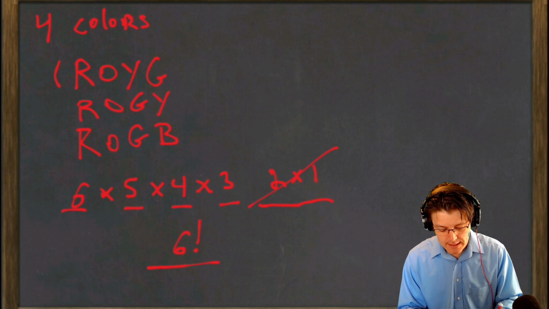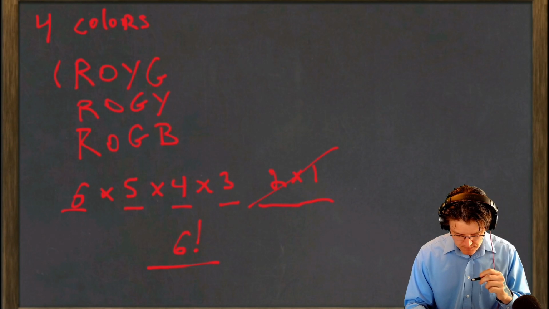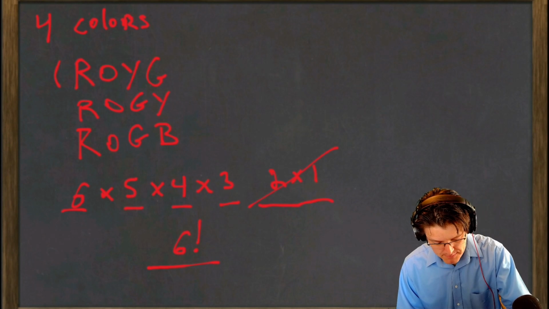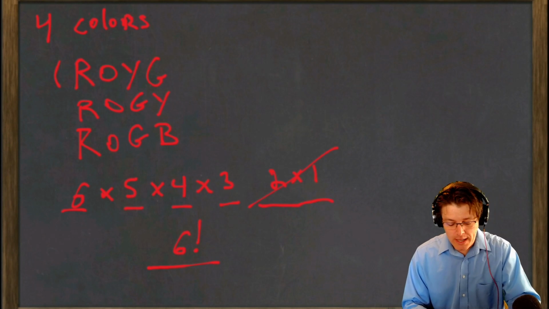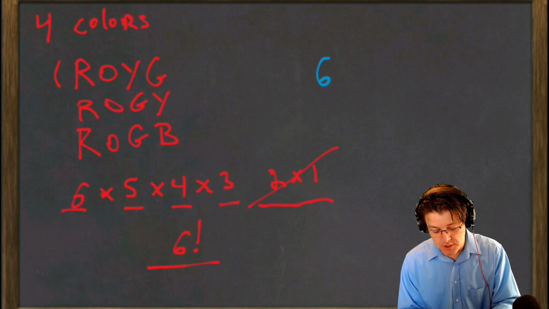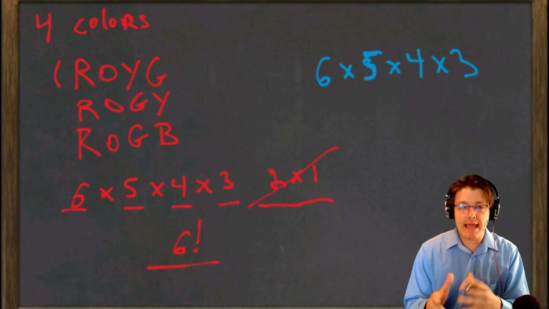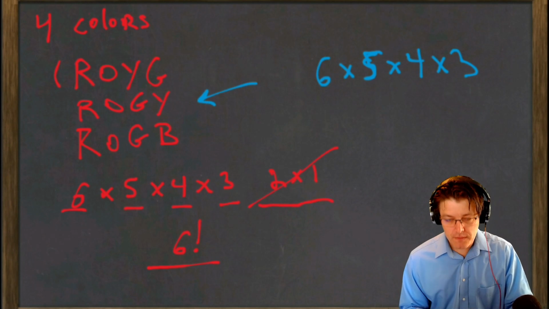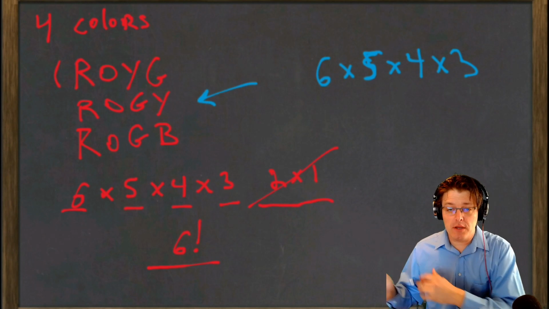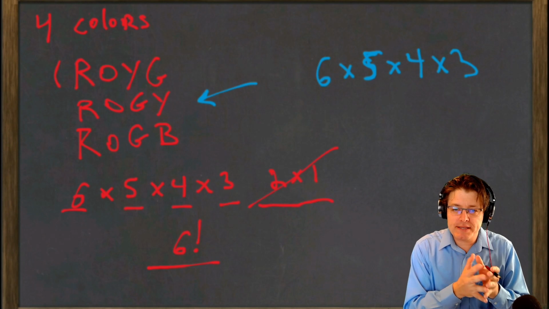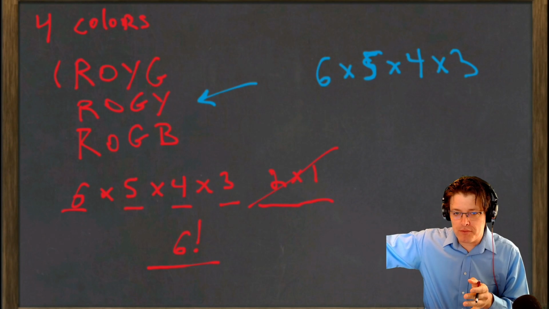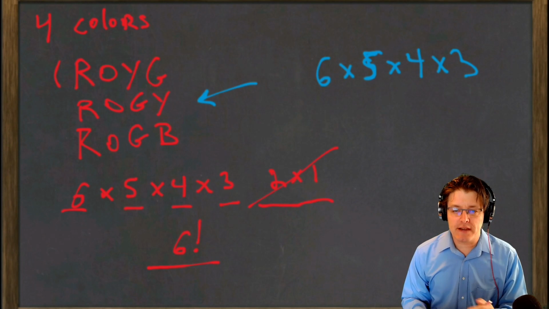I'm going to switch colors because this might be an easier way to conceptualize it. What I actually want now is to express 6 times 5 times 4 times 3. Right? That's the answer that we've come up with over here. There's 6 options, 5, 4, and 3. We don't have that 2 and 1. But we know we could express 6, 5, 4, 3, 2, 1 very easily as 6 factorial.